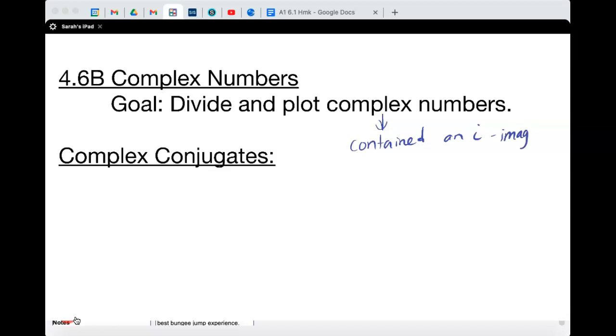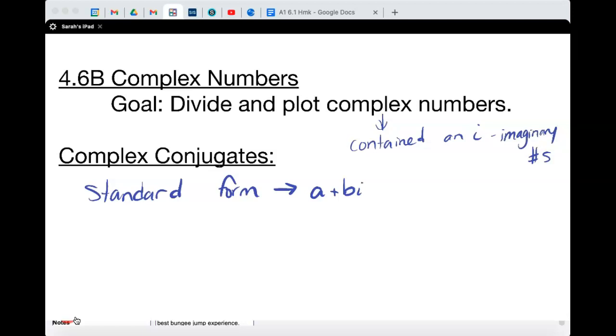Imaginary numbers. Okay, so we were writing complex numbers in standard form. Does anybody remember what standard form was? So this was a plus bi.